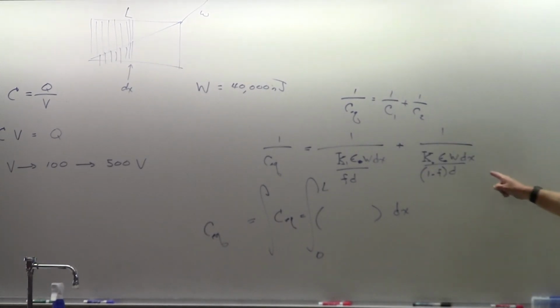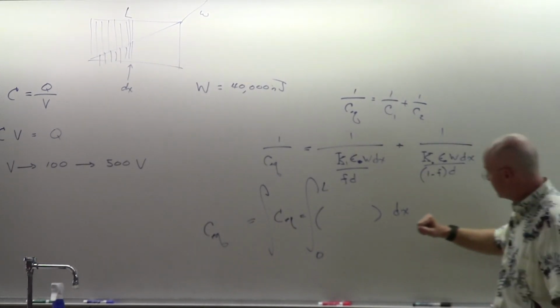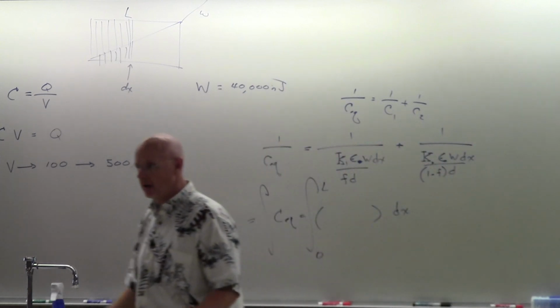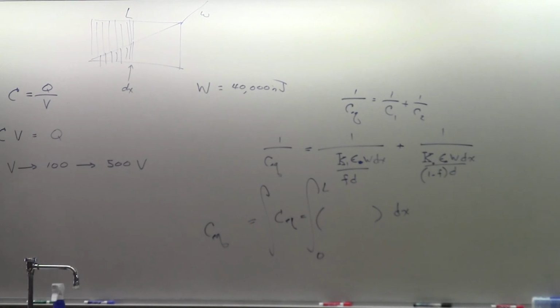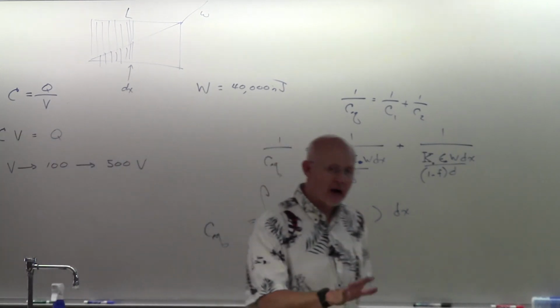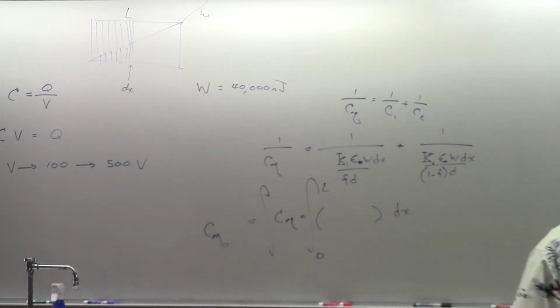And so I'll start with series, small little capacitors, add them together in parallel, and get the total capacitance of this wedge shape. Good exercise in calculus. I don't know how practical it is, but good exercise in calculus.